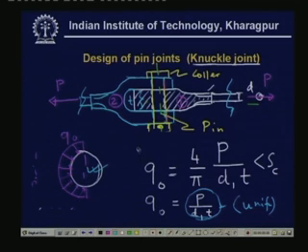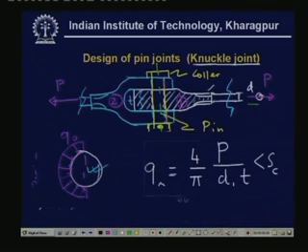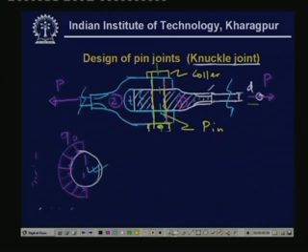Now the strength criterion based on that is P divided by the total area, that is D times D1 times T, the projected area, and this must be less than SC, the crushing strength.